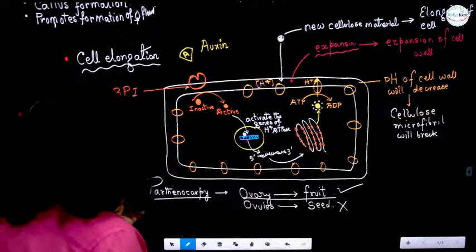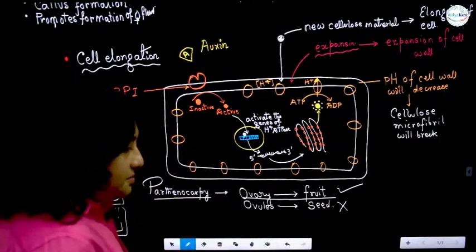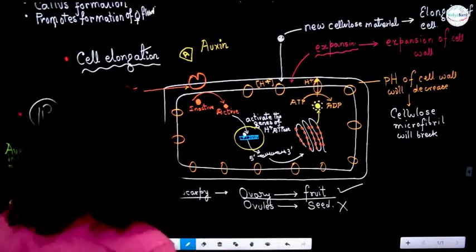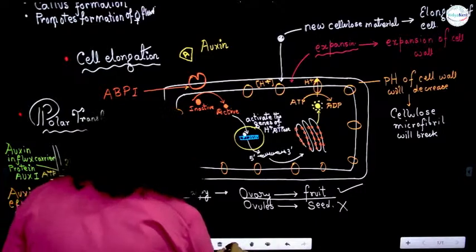So in this case, we can see that the fruits are present, but these fruits are without seed. So this will result in formation of seedless fruit.